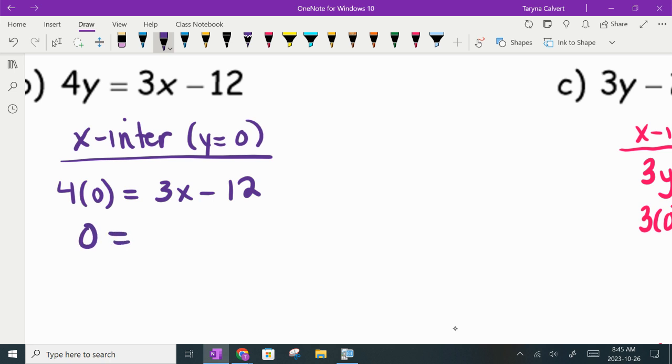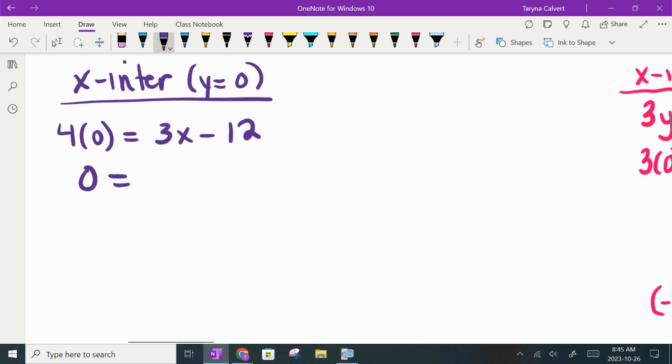So I have 0 equals 3x minus 12. So this one now is a two-step equation, right? Because you need to get x by itself. So I got to move the minus 12, and then I got to divide by 3.